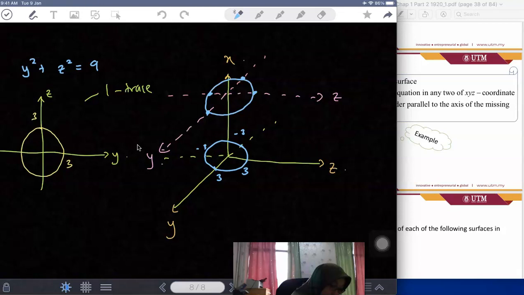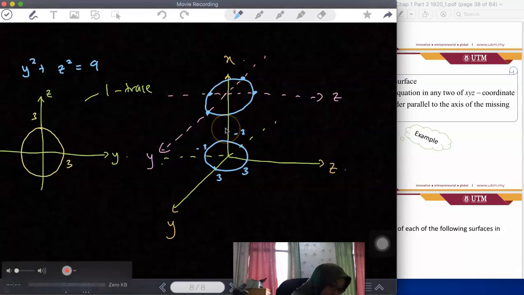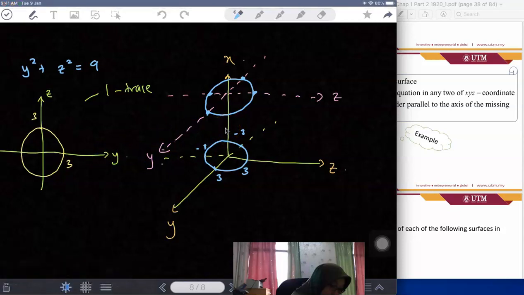Okay, and then that is your procedure in order for you to obtain the projection.